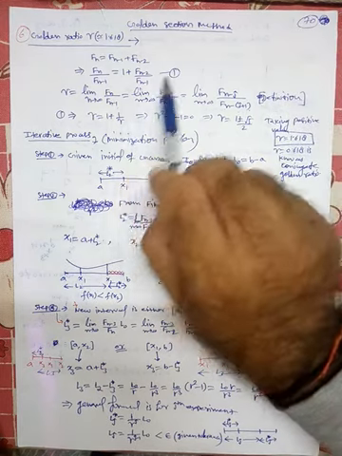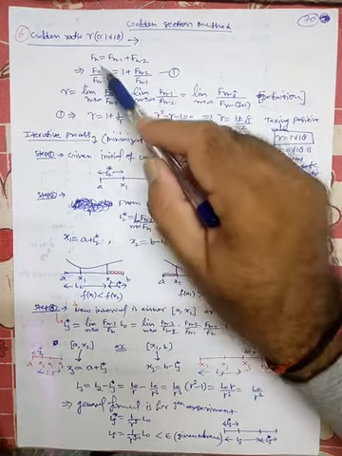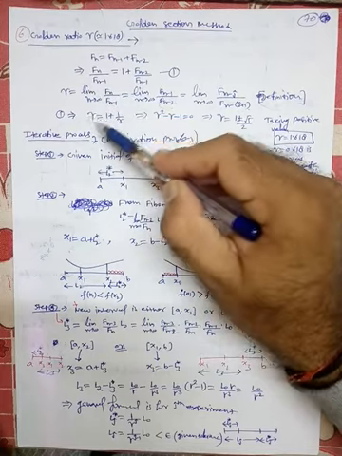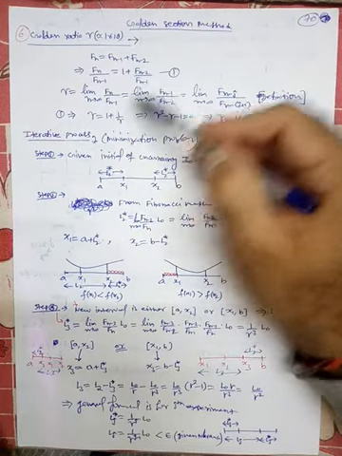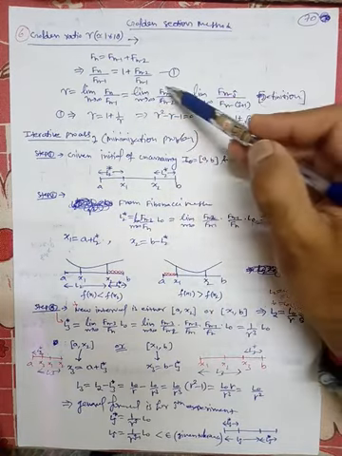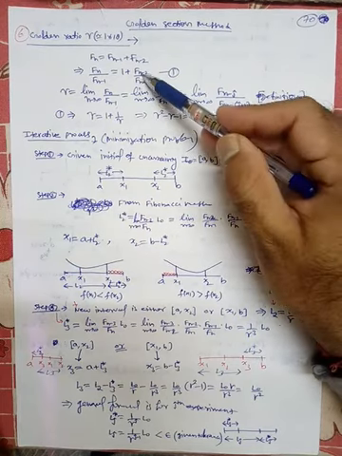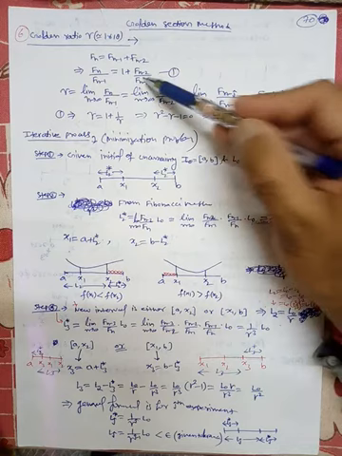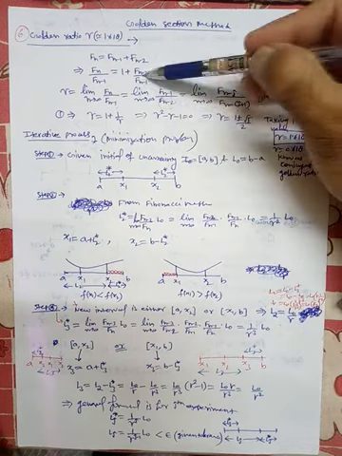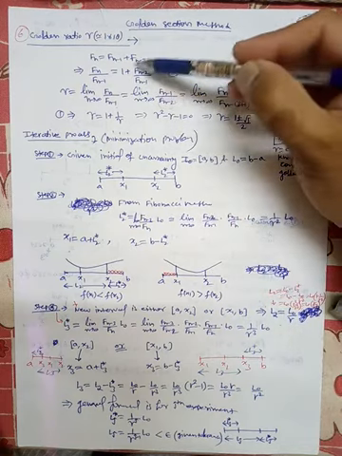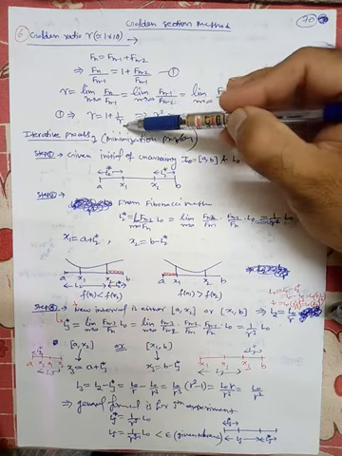So if you apply the limit here, then what will be here? We have gamma here: 1 plus, here it should be f(n minus 1) by f(n minus 2), here is n minus 1 and here is n minus 2, so they are reverse of each other, so the value of this will be 1 upon gamma.